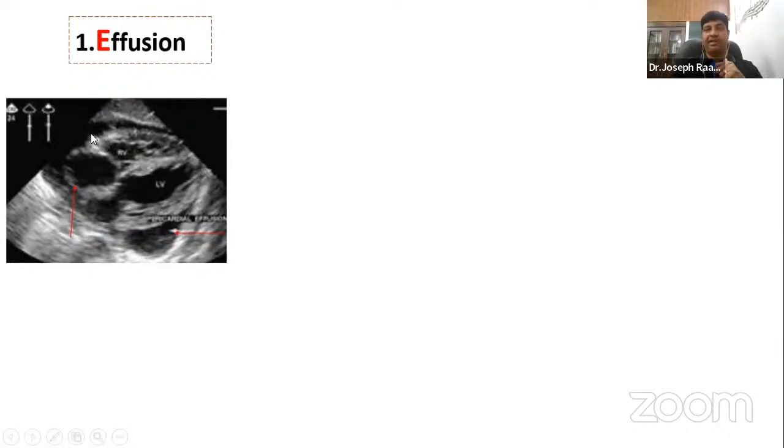In case tamponade is there, there will be diastolic collapse of the right ventricle or right atrium during diastole. If that sign is there, then that is cardiac tamponade. So the first E is to pick up whether effusion is there or not.